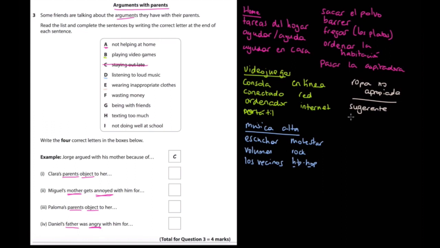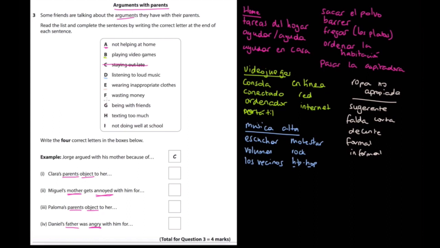You might hear things like una falda corta, a short skirt. You may hear words like decente, decent. You may hear words like formal or informal. If it's not appropriate because it's too informal, you might hear informal. Okay, so different possibilities.